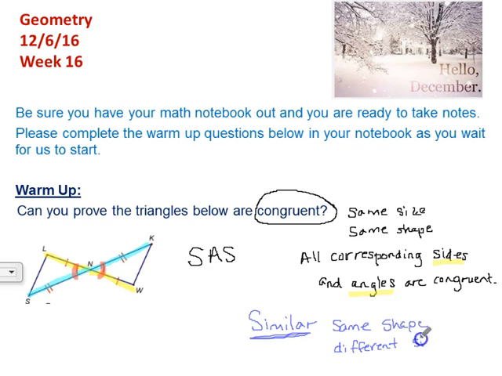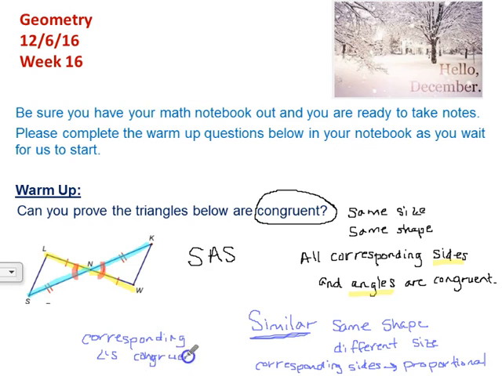And because it can be different sizes, that means that all corresponding sides, we learned this last week, are going to be not the same anymore. So corresponding sides are not going to be congruent, but instead they're going to be proportional. So make sure you write this down somewhere in your math notebook. And then the corresponding angles, I'm kind of running out of space over there, corresponding angles will be congruent.